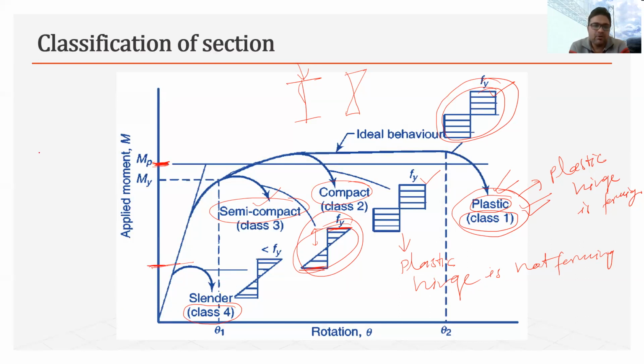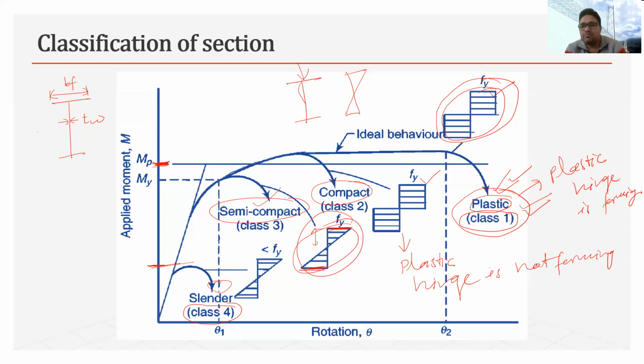And this is happening because of the higher width to thickness ratio. So width to thickness ratio, I'm referring to this one. This is the width of flange, say BF, and this is the thickness of web. So if this BF by TW ratio is higher, then it will go towards slender class 4, and if it is lower, then it will go towards the plastic.